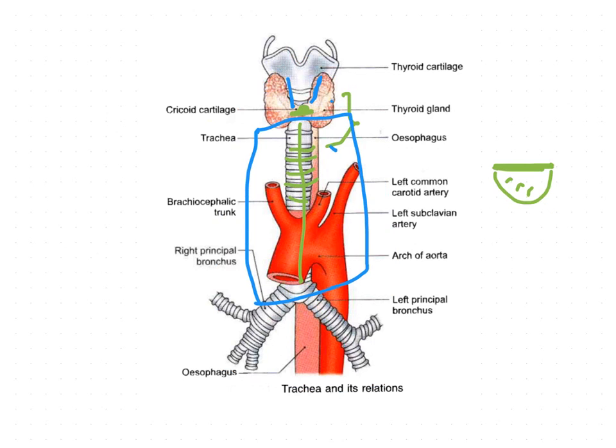The structures which are present anterior to this trachea in the superior mediastinum, you can write those relations also here. So what are the structures related anterior to the thoracic part of the trachea?